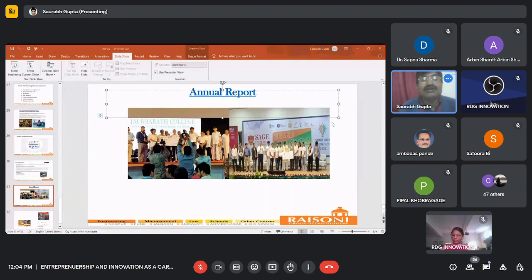Based on that we have made a mission statement: create an ecosystem that will foster the entrepreneurial spirit among all the stakeholders and offer mentorship, translating ideas into products and services that cater to the needs of society.